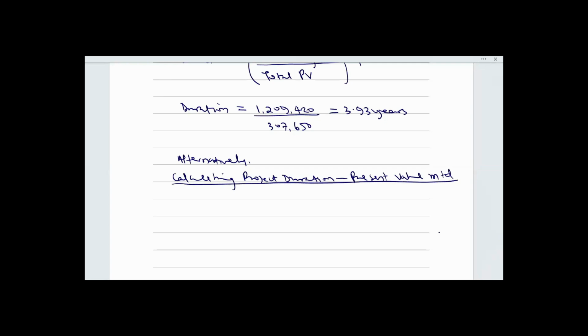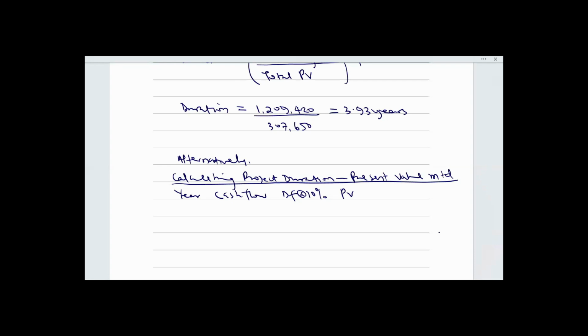It's similar to the weighted average. So I will create a column for year, cash flows, discount factor at 10%, present value. Then you are going to get the proportion of the present value of each year to the total present value.